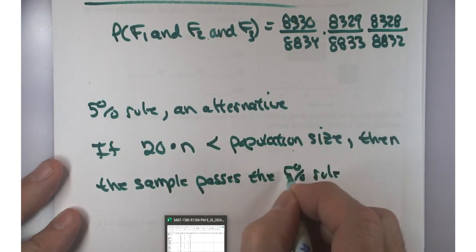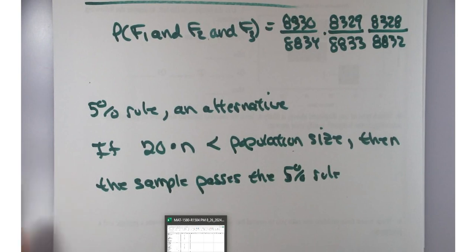Sometimes it's easier just to do 20 times something in your head rather than do 5% times the population size and then compare it. So n is your sample size.